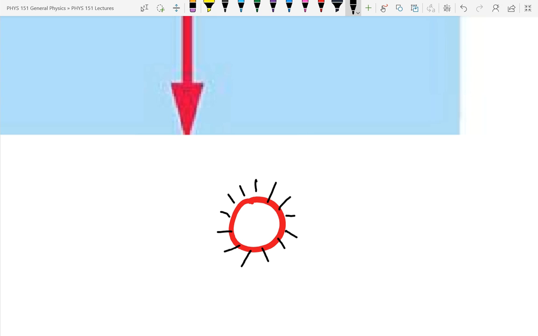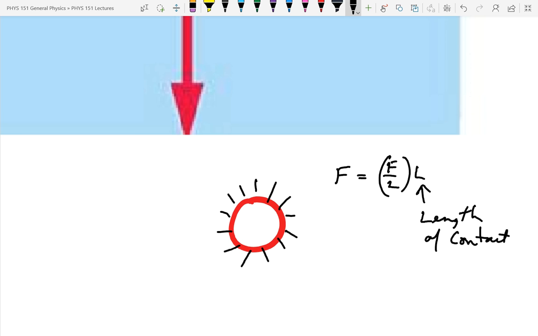So if we want to calculate the force, the force is equal to the force per length multiplied by the length of contact. The force per length is the same idea as tension, except it's the tension per length of contact.